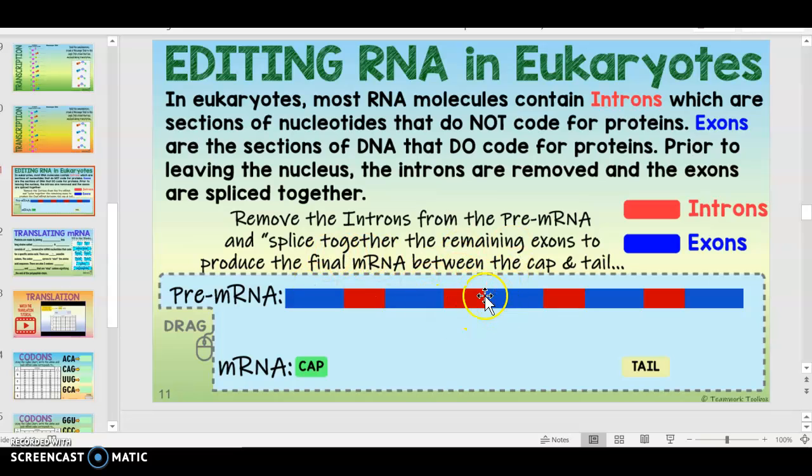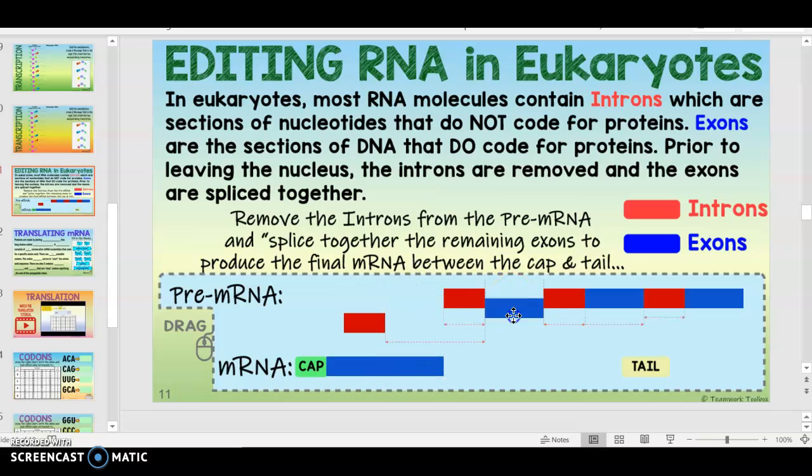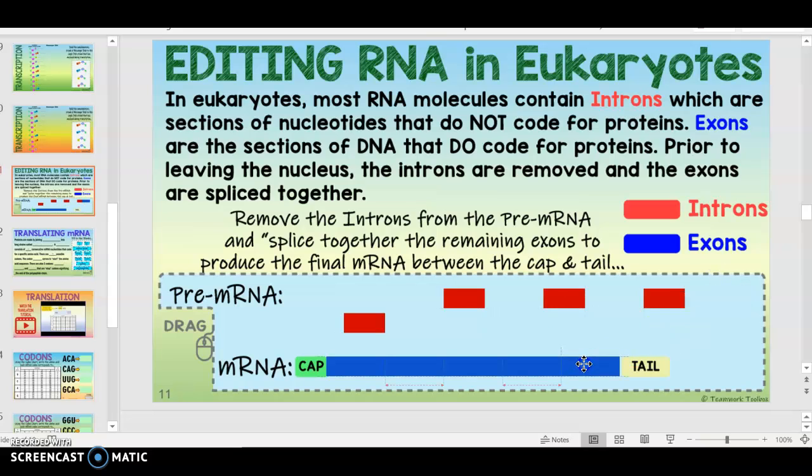So this is something they had to do to make our COVID vaccines. So we're going to take the red out, and we're going to take our blue, because this is the part that actually codes for genes. And in the case of COVID, it's coding for the genes for a protein on the surface of the virus. So it doesn't code for the whole virus, just the little part of it that your immune system needs to have an immune response.